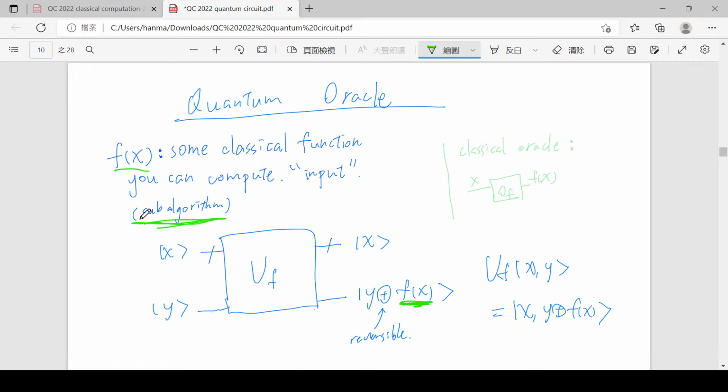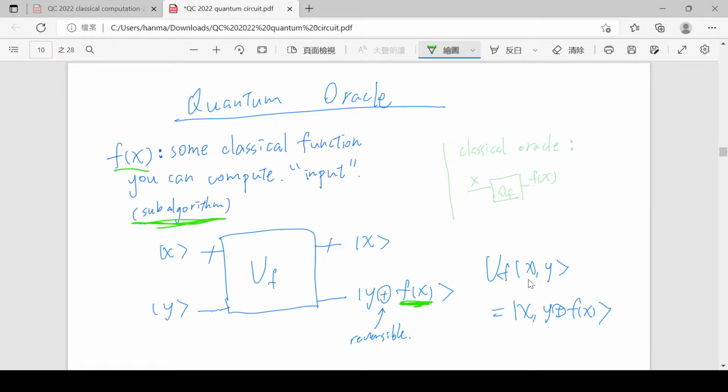If you want an oracle in classical computation, then you can just have input x and output f of x. Right? If you have some sub-algorithm, then you can do this. But that's not good for quantum because you want everything to be reversible, and if you want it reversible, then this makes more sense.